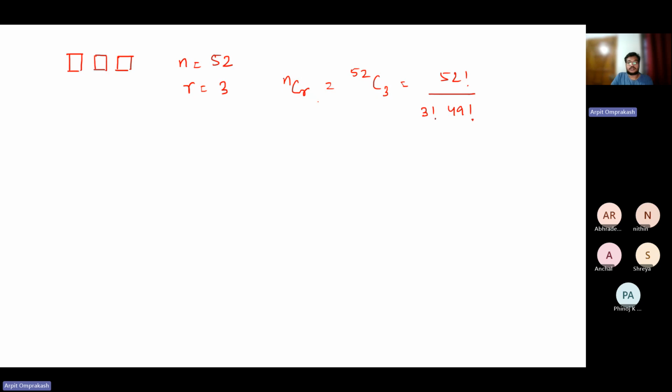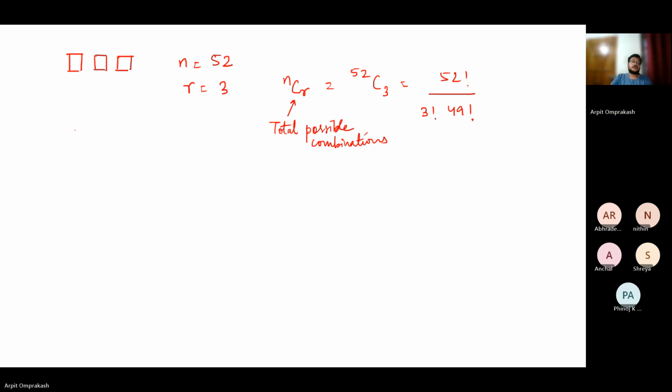Right. So that is without any constraints. We are not thinking about the kings and all of that. So this is the total possible combinations when we have 52 cards and we are taking 3.